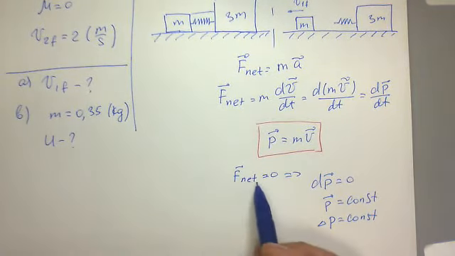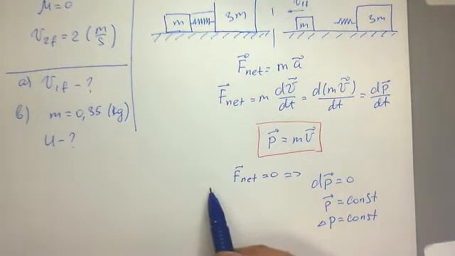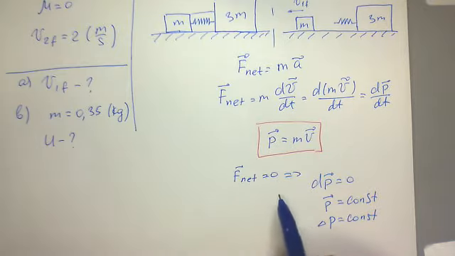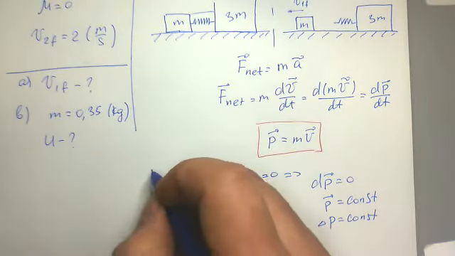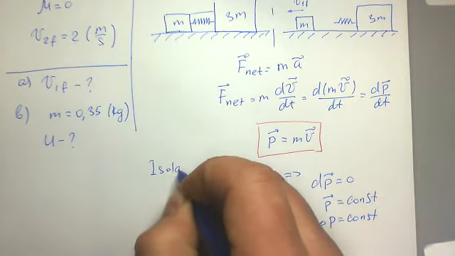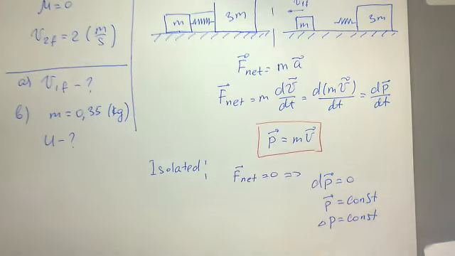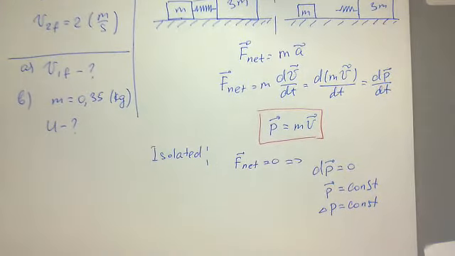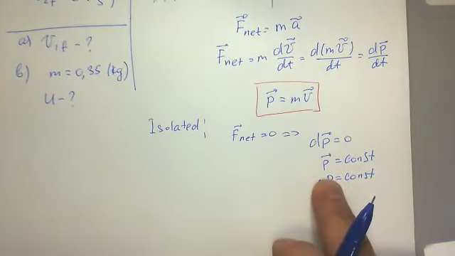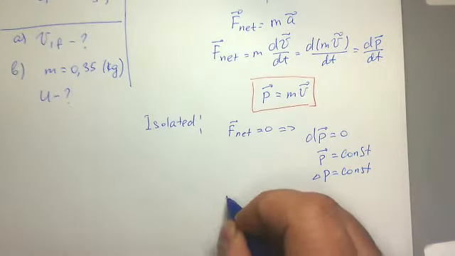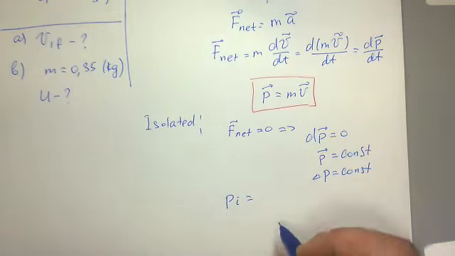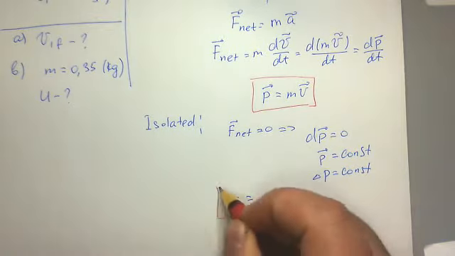So this case, when there are no external agents acting on the system, we say that the system is isolated. So from this statement, we can say that before the interaction, which is P initial, and after the interaction, which is P final, the momentum of the system is conserved.